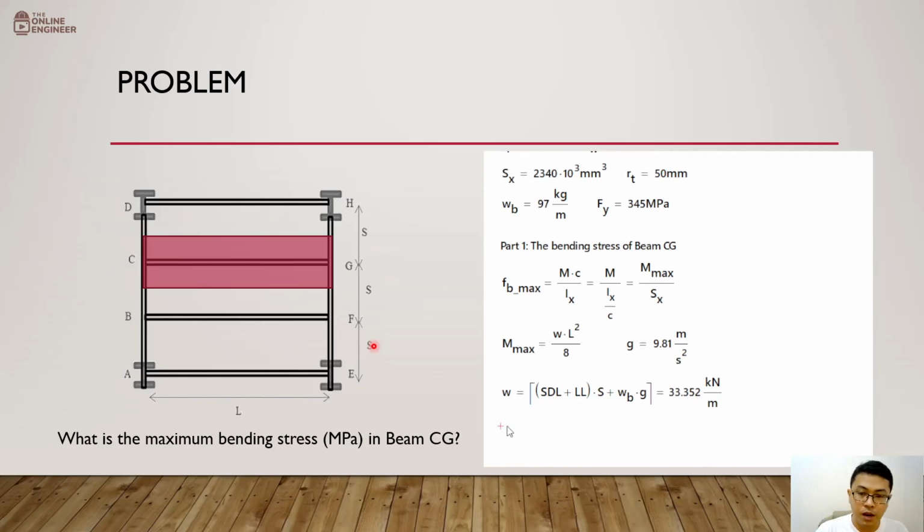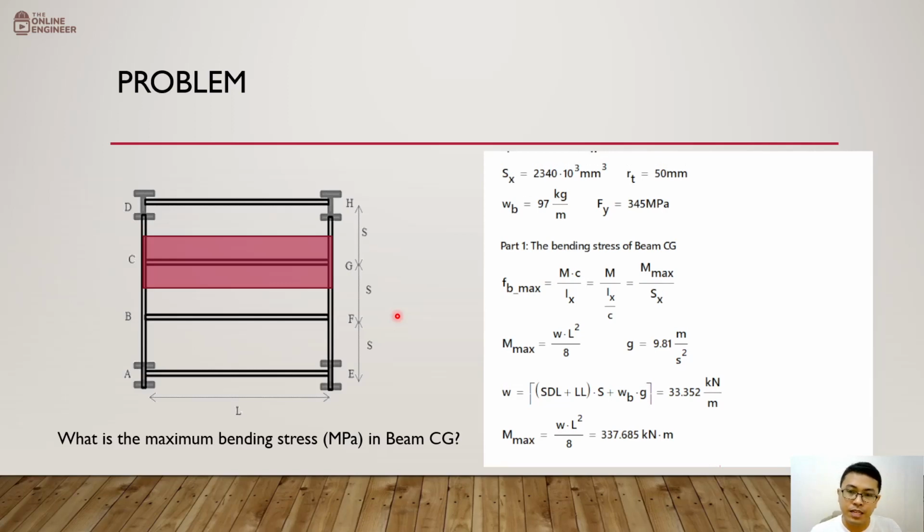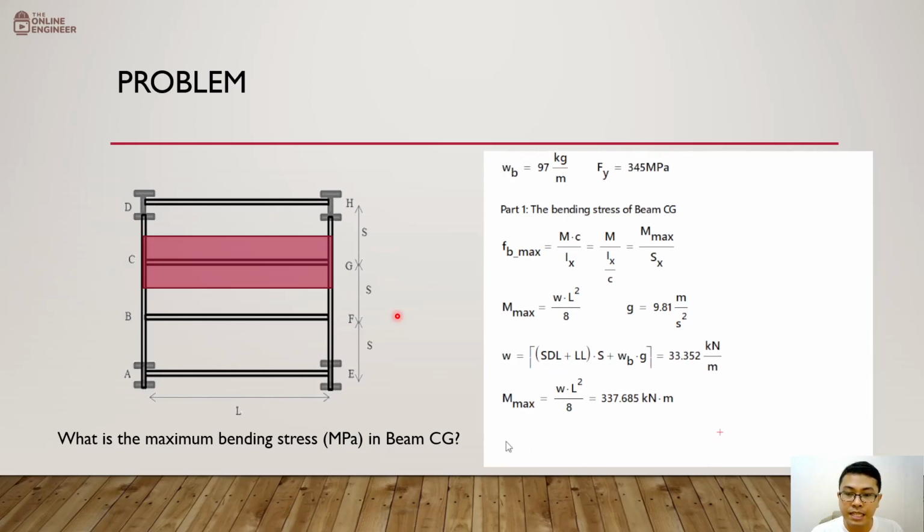So we're now going to solve for our maximum moment. This will be W times L squared divided by 8. So our maximum moment for the beam will now be 337.685 kilonewton meter. Okay, so with this, we're now ready to solve for our maximum bending stress.